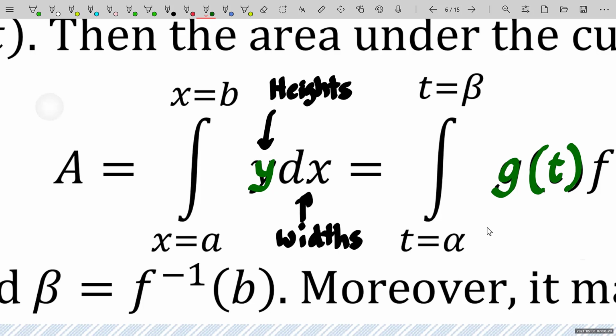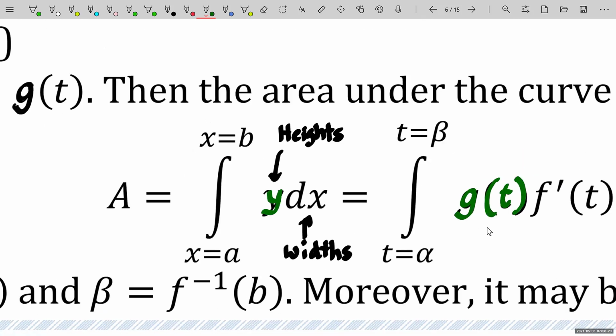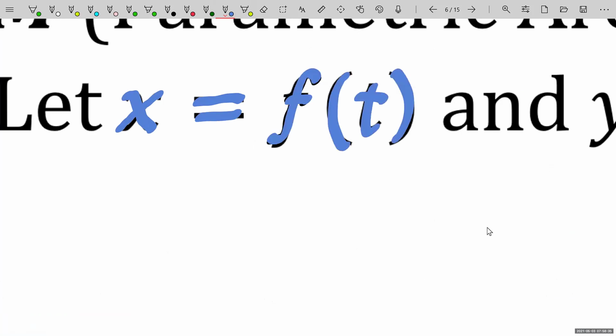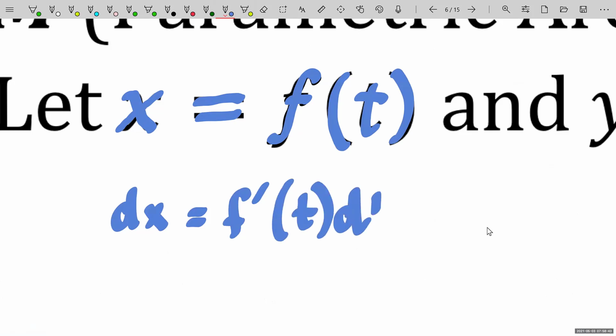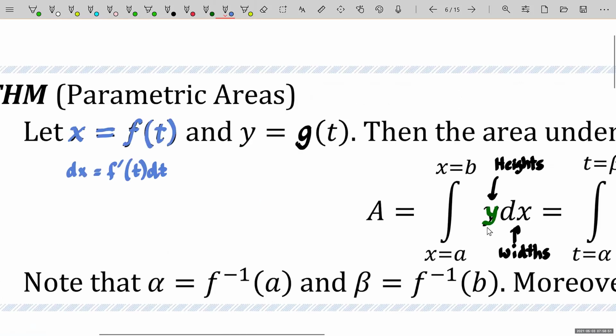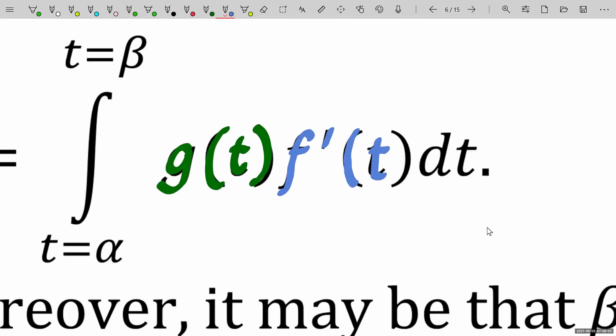If x were some other function of t, then dx is just f prime of t dt. And that's where this comes from. It's a very fast derivation. That's the actual proof, by the way. So very, very fast derivation.